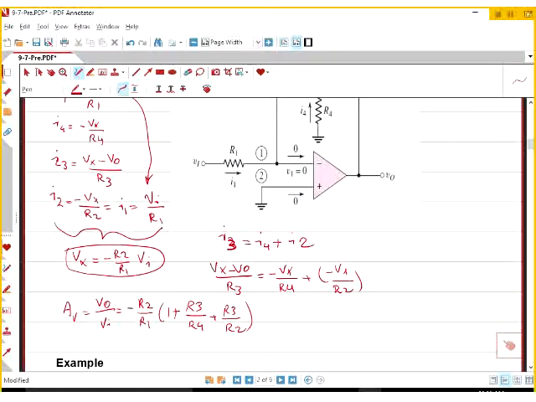I want to ask you a question. I want to know if you understand or not. What was the problem with the simple inverting amplifier? What was the problem? Why can't we always use just the simple inverting amplifier? Why?